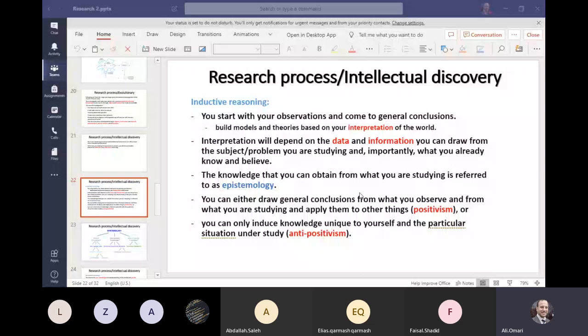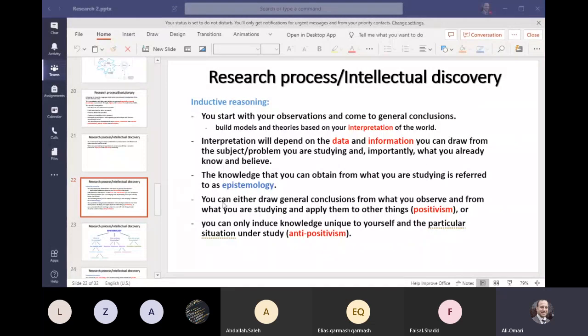Not gonna go deep in this terminology, but it's just something to have an idea about. I included some more definitions about what is epistemology, and you can take a look at it.